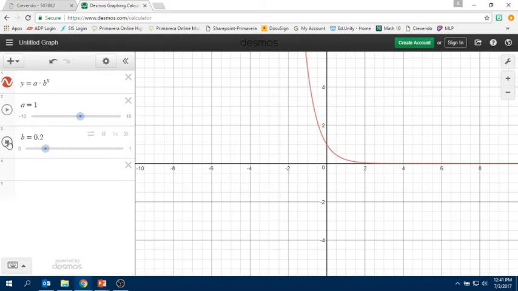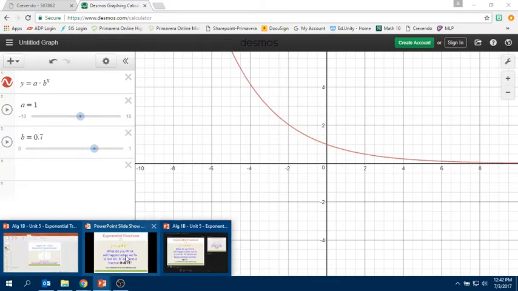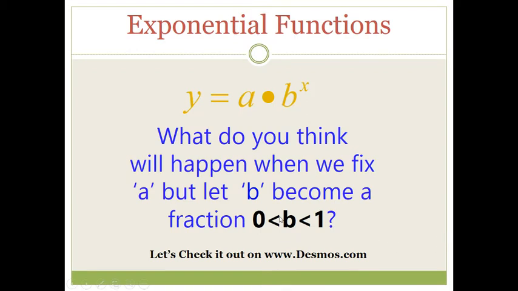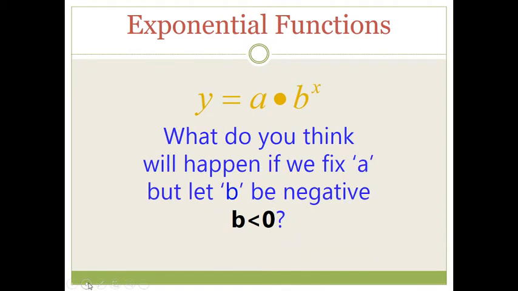Let's go ahead and play that animation out smoothly so you can watch that happen. All right. So we've made B positive, larger than 1, and we saw that we got exponential growth, and that the larger we made B, the faster it increased, kind of the skinnier it got, so to speak.